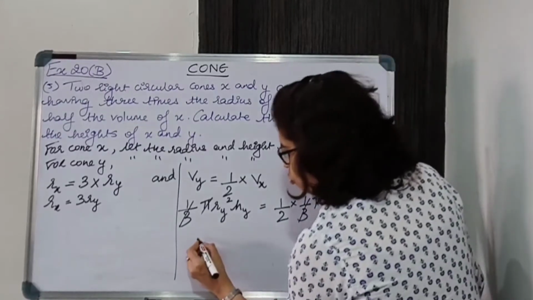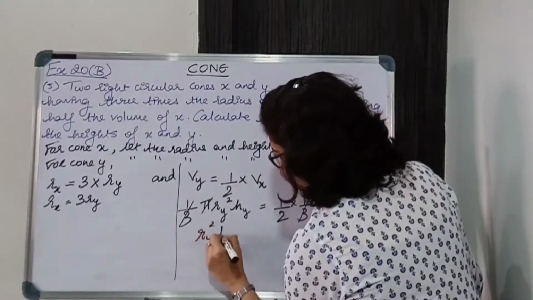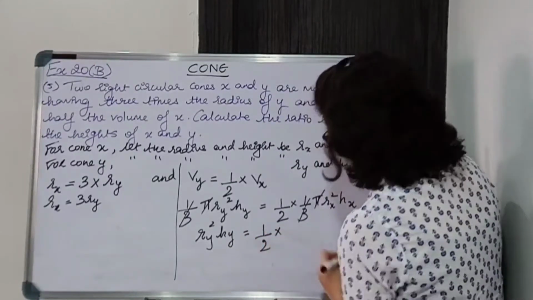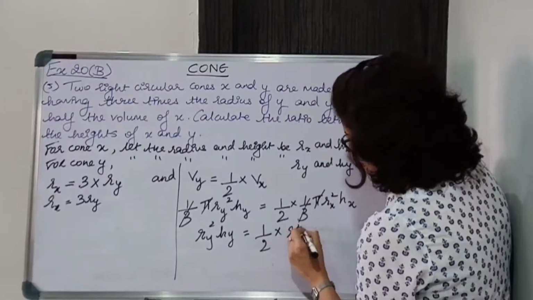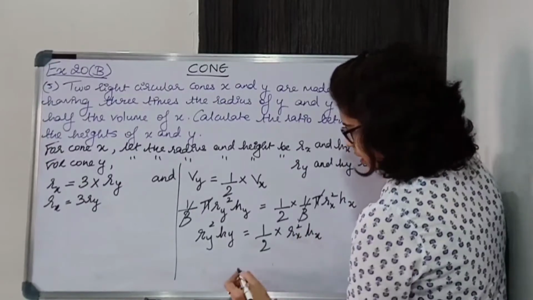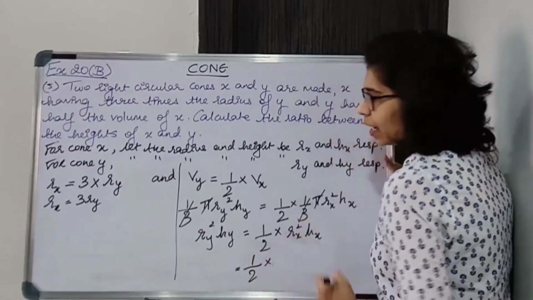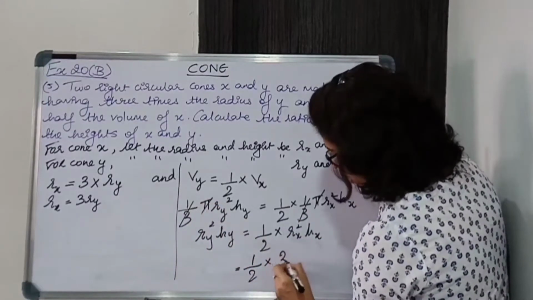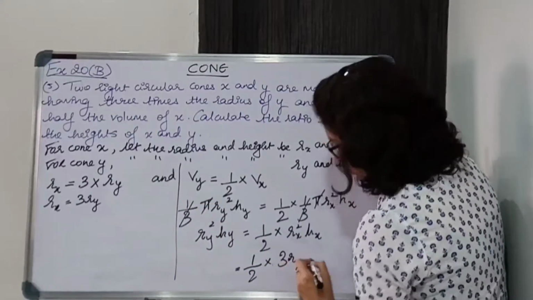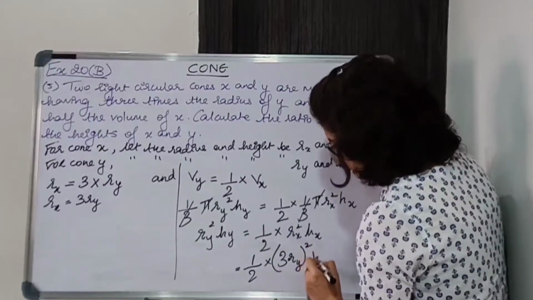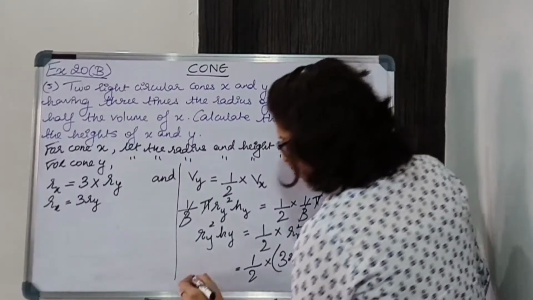So we are left with ry square hy is equal to half into rx square hx. Now rx is 3 ry, so 3 ry, don't forget the square, so the whole thing squared into hx.